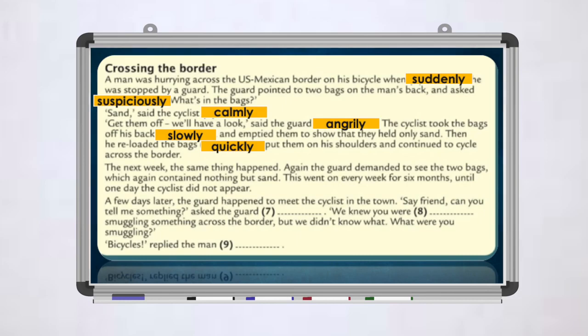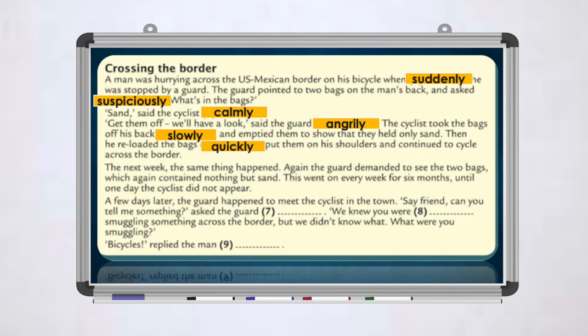The next week, the same thing happened again. The guard demanded to see the 2 bags, which again contained nothing but sand. This went on every week for 6 months until one day the cyclist did not appear. A few days later, the guard happened to meet the cyclist in the town. "Say, friend, can you tell me something?" asked the guard. Look for the word.